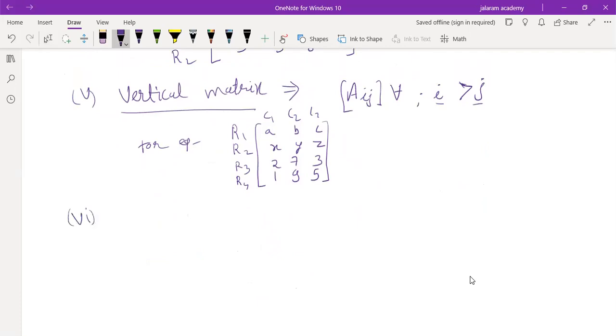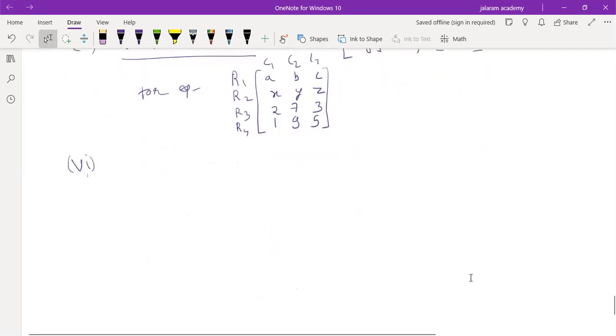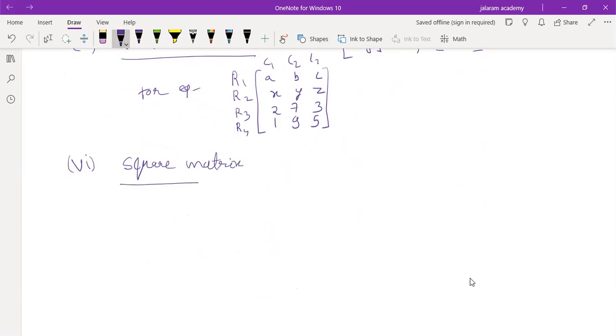Sixth, square matrix. And this time again, the name itself suggests the meaning of square matrix. The number of rows must be equal to the number of columns. It's called a square matrix. Is that clear to you?